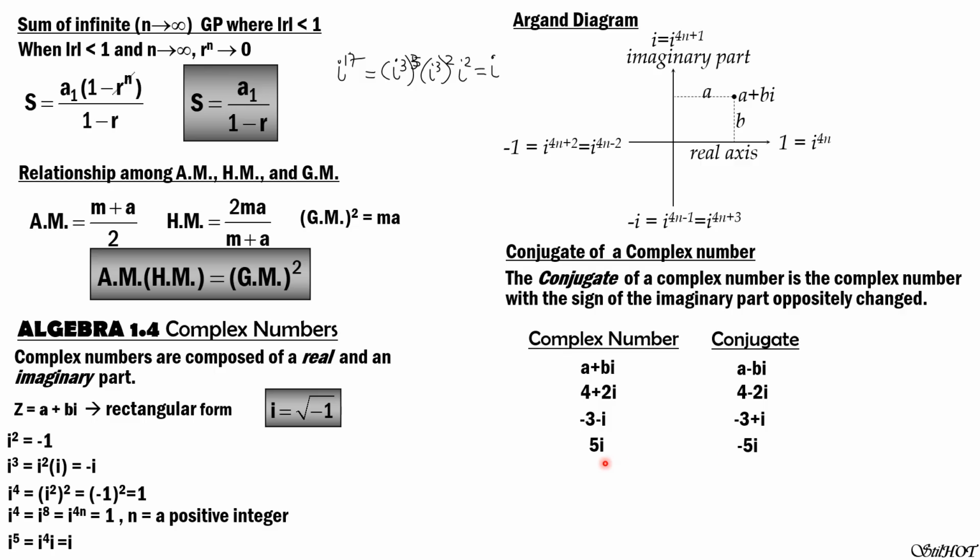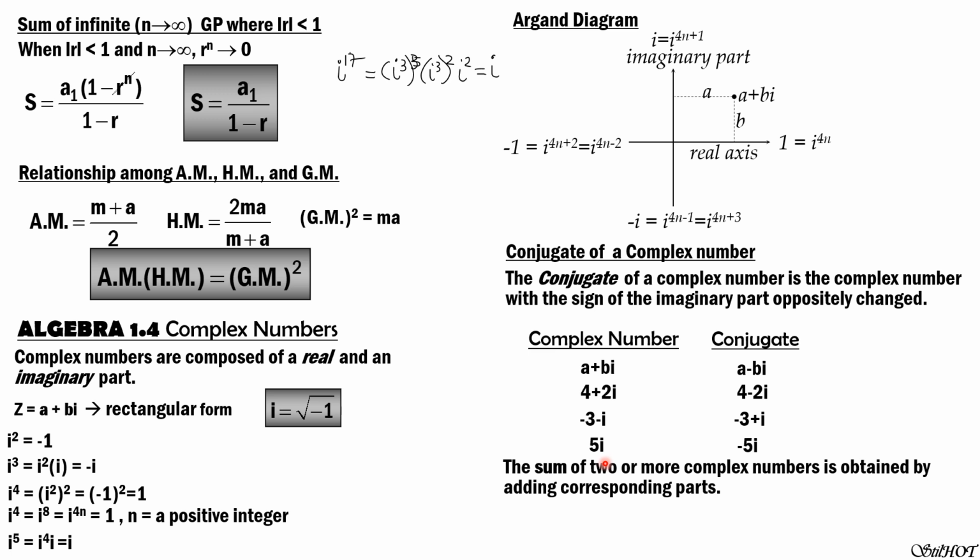The sum of two or more complex numbers is obtained by adding corresponding parts. That is, we add the real parts, and we add the corresponding imaginary parts. So z1 plus z2, represented by a plus bi plus c plus di. Although, as I said, you can use your calculator in adding, this is a very simple process.